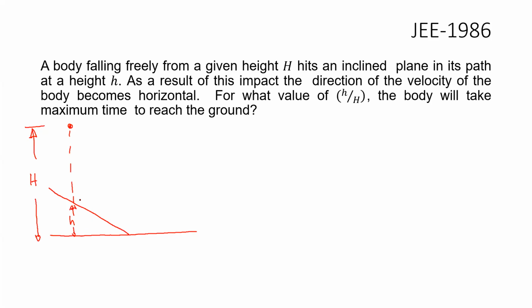After hitting the incline the velocity becomes horizontal. So now it is going to come and then hit the ground here. Do you understand? Finally the body lands somewhere here.